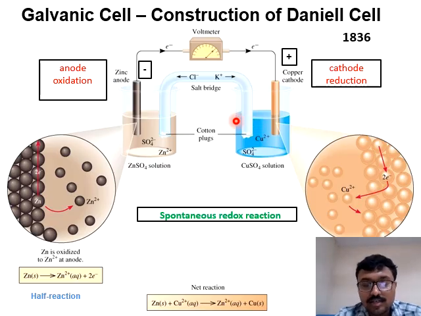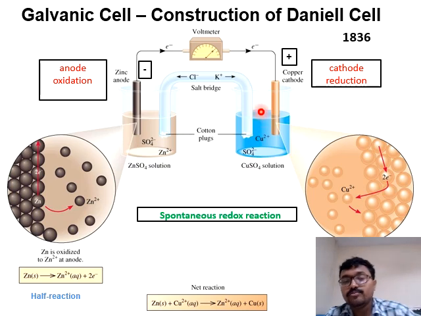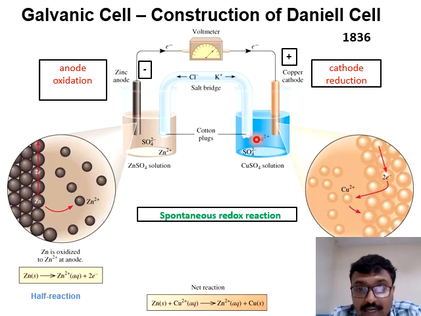On the right hand side, where the copper sulfate solution is present, the opposite reaction is happening. In this right side solution, copper 2 plus is taking the electrons coming from zinc and is converted to copper.